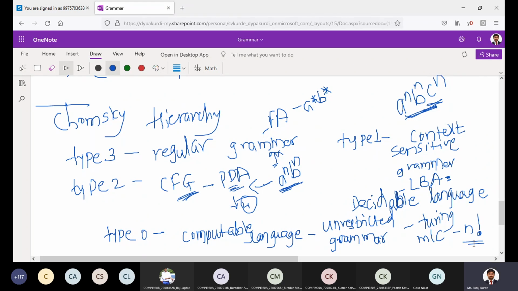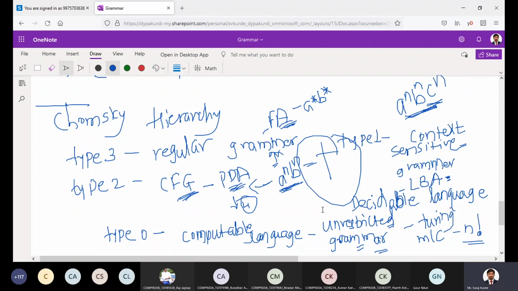That we will see. And there are languages which are not recognized by finite automata, CFG, PDA or LBA, linear bounded automata. Those are part of this unrestricted grammar or computable language that can be accepted by Turing machine. That we'll see in the 5th unit.